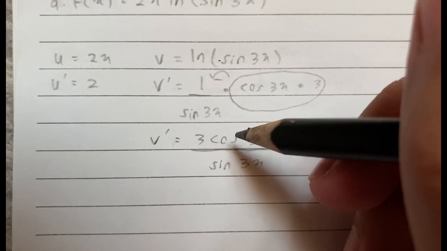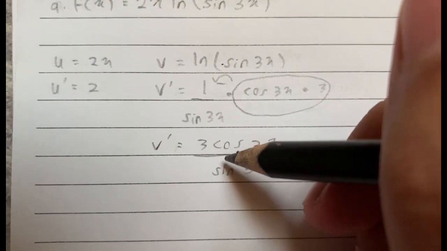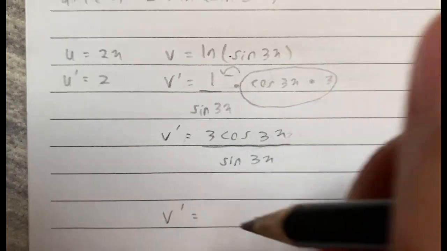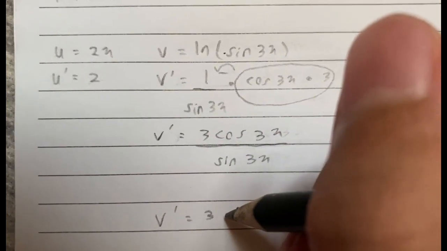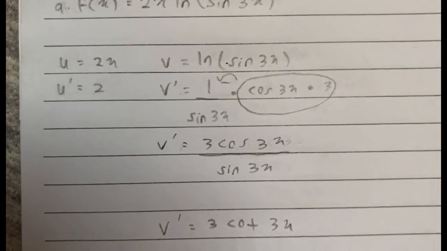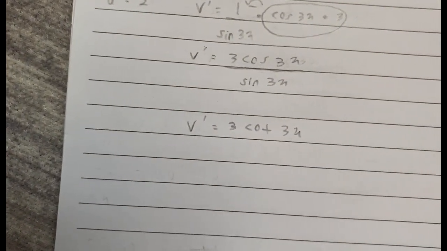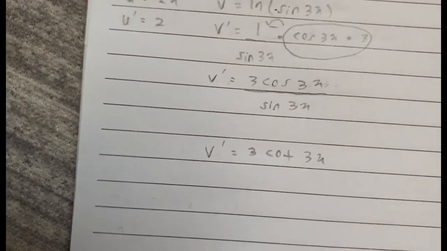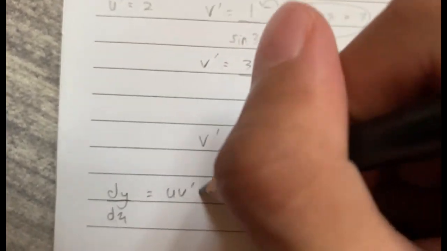We can see cos over sin is cot, so we get v prime is 3 cot 3x. Then we use the product rule. The formula is dy dx equals uv prime plus vu prime.